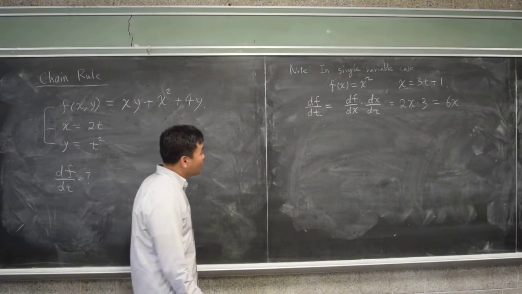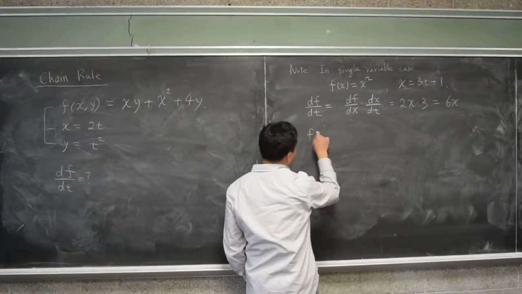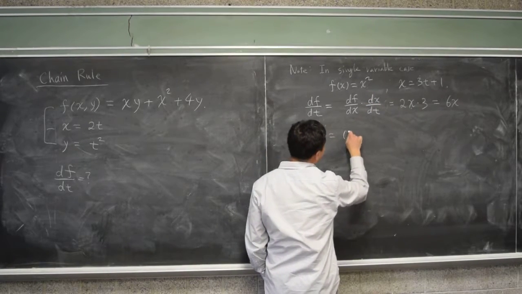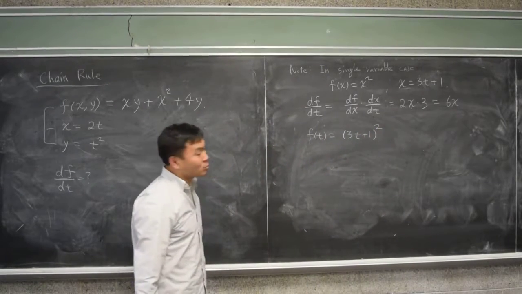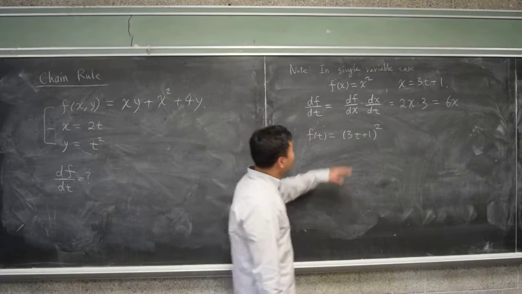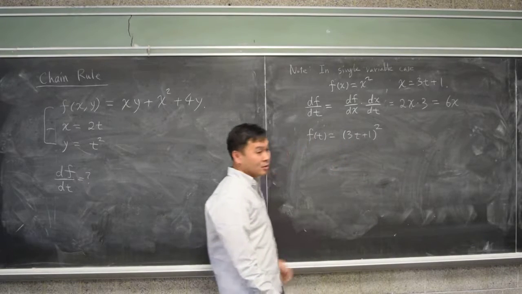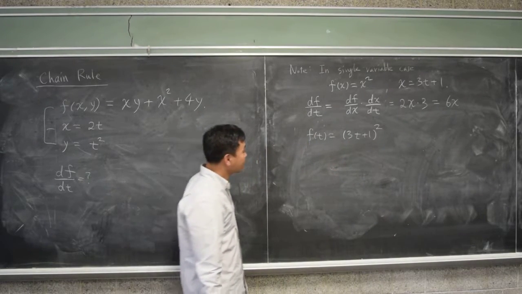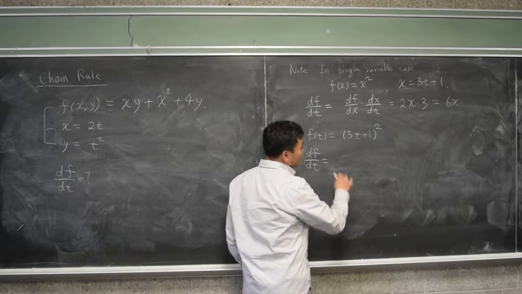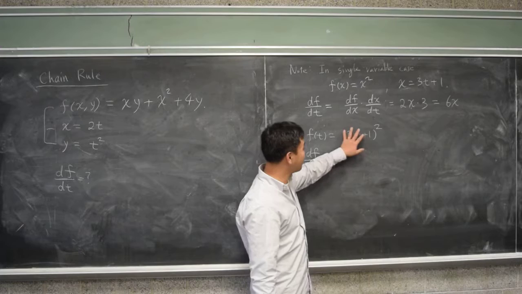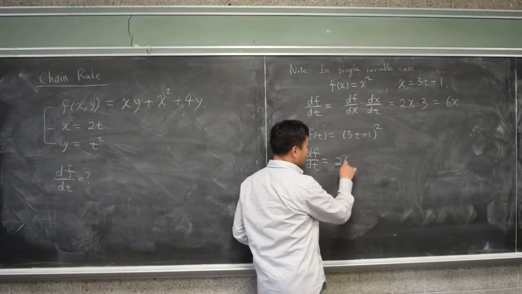Here was how we did it in Newton's way. Newton's chain rule looked like you first plug this in here to make it a function of t. So that's what f of t is, because x is the same as 3t plus 1. If I replace this x by 3t plus 1, that's your f of t. And then if you differentiate by t, you think about this something squared as the outer function, so you differentiate that outside function.